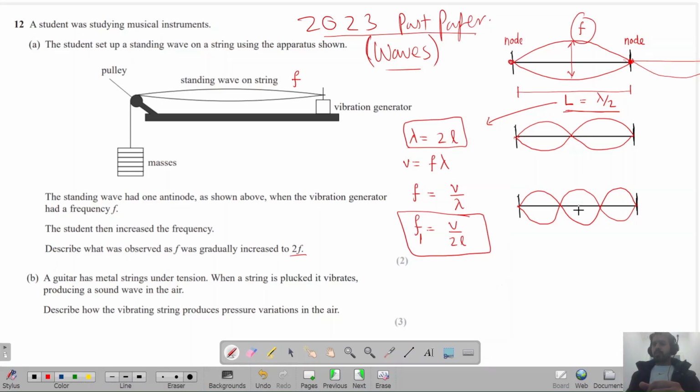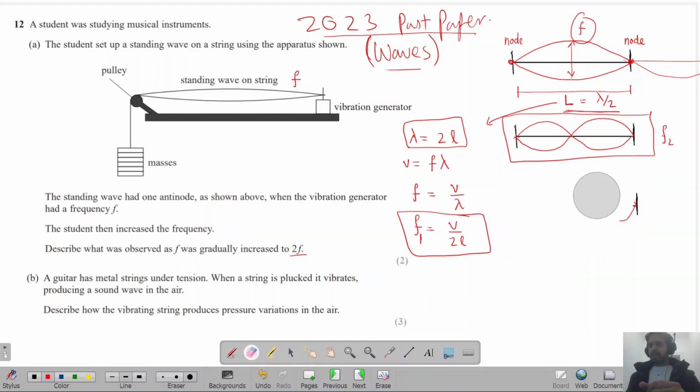Now, I want you to stop the video and derive the same relation for this diagram. This will be called f2. So let me just erase f3, and I can solve for f2. We will do the same: compare the length L with the wavelength lambda.